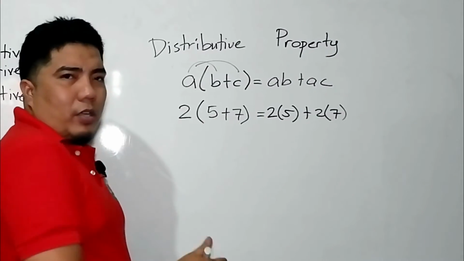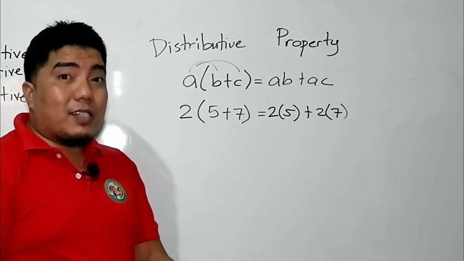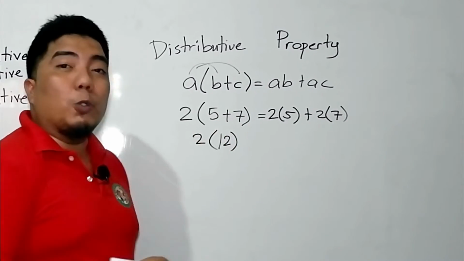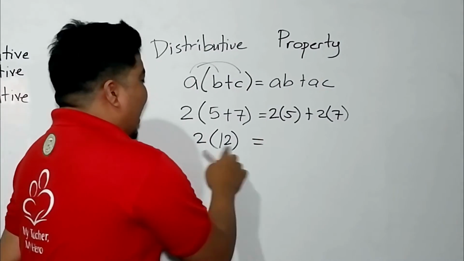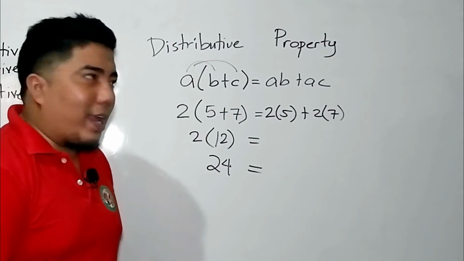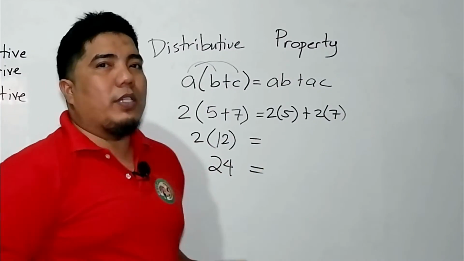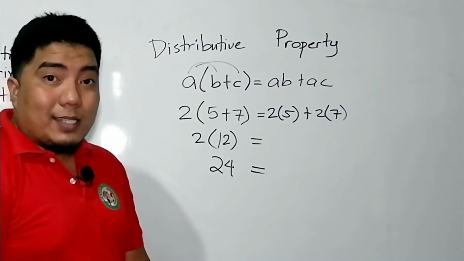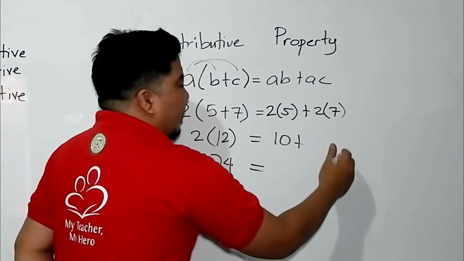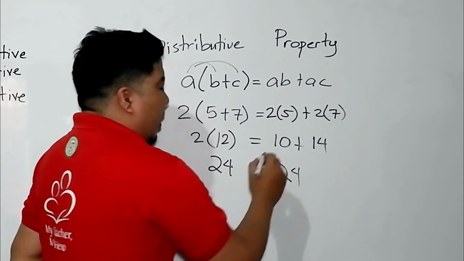Here, of course, you can solve this first, right? 5 plus 7 is 12. Multiplied by 2, the final answer here is 24. Now, let us try the right side, where we apply our distributive property. 2 times 5 is 10. 2 times 7 is 14. 10 plus 14 is 24.